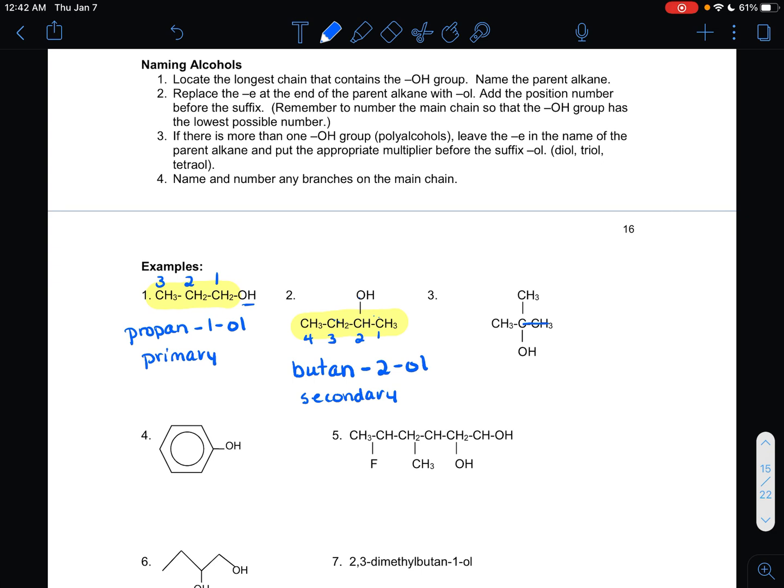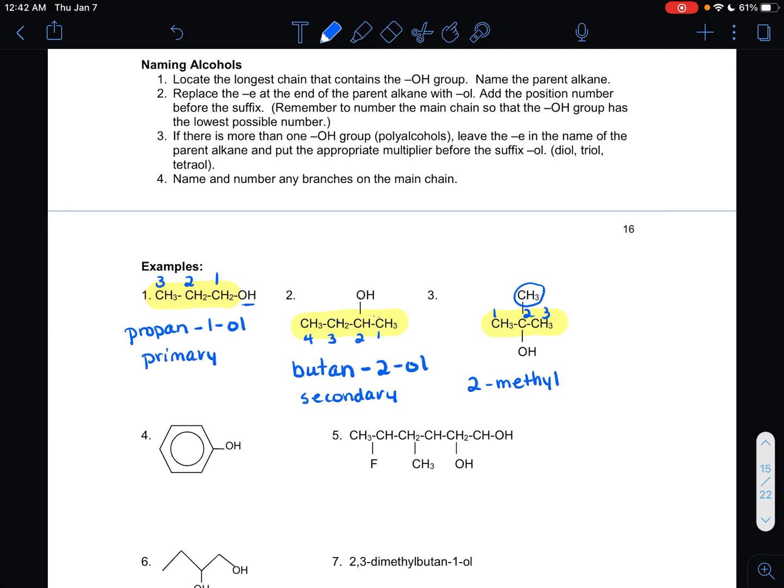So again, I want the parent chain, again, propane, 3 carbons long. It doesn't matter which way I number it, it's going to give me the same thing. My branch is in carbon number 2, so this is 2-methyl. That doesn't change.